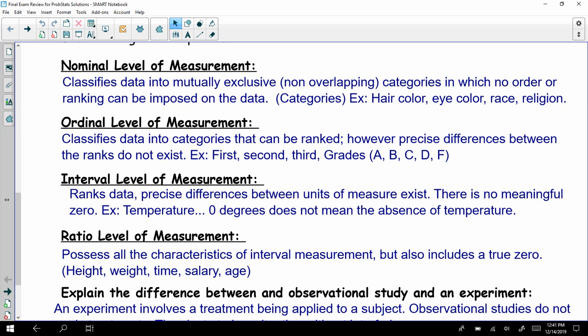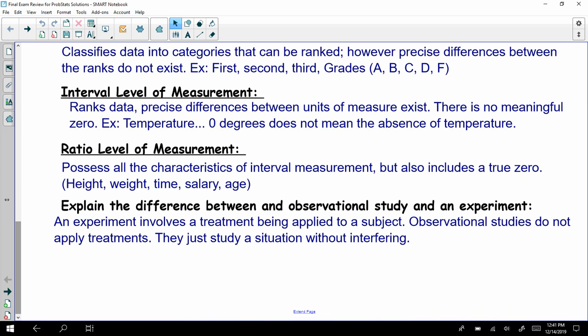And then explain the difference between an observational study and an experiment. The biggest thing I want you to get out of an experiment is that an actual treatment is applied to the sample. An observational study doesn't apply treatments. It's just, okay, this room of kids, we're going to watch them.